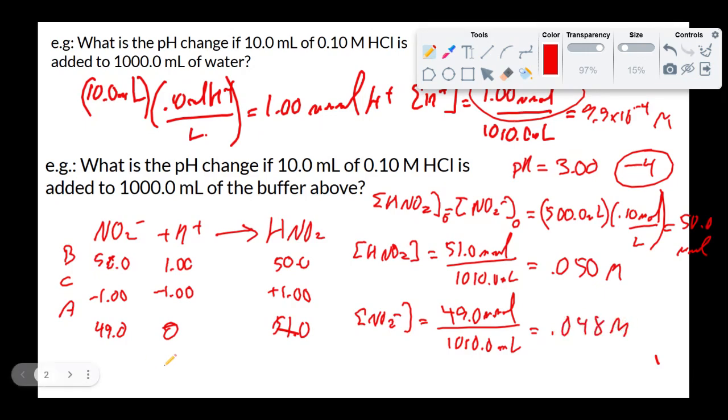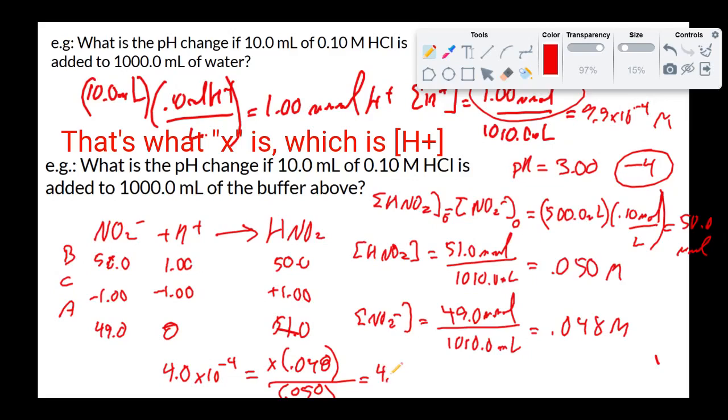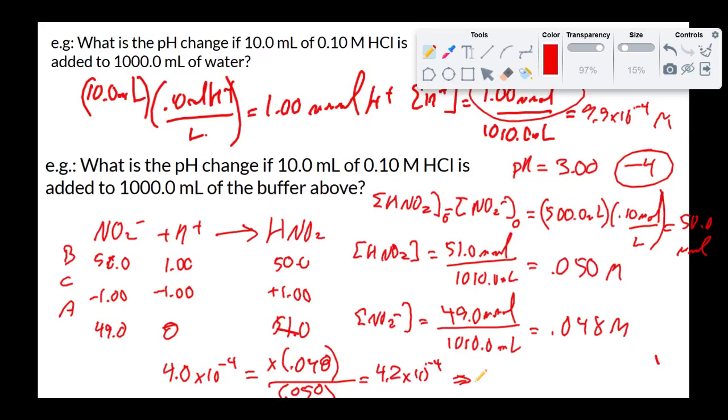So if we go back to our Ka expression, 4 times 10 to the minus 4 is going to be equal to x times about 0.048, because we're going to ignore the x, divided by 0.050, and that comes out to 4.2 times 10 to the negative fourth. And if we take the negative base 10 logarithm of that, we get our pH, which is 3.38.